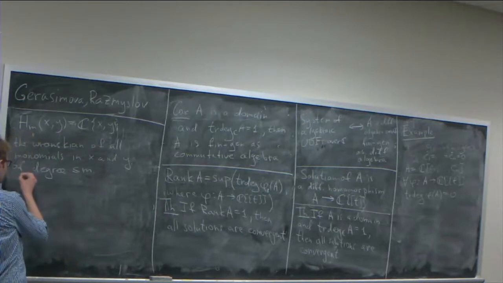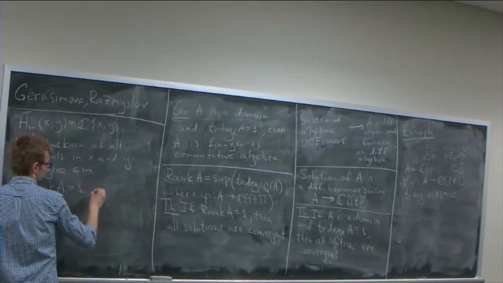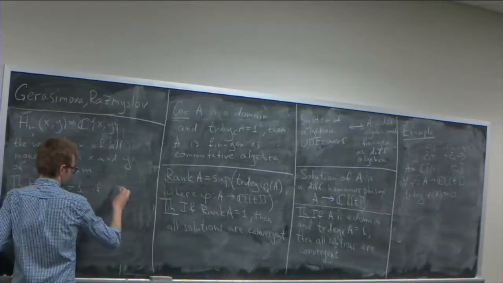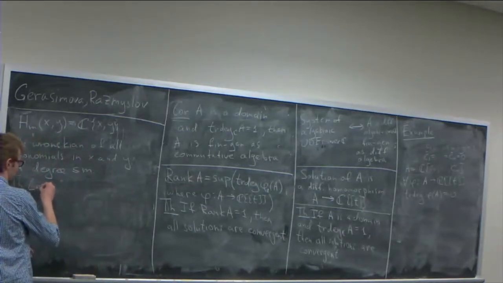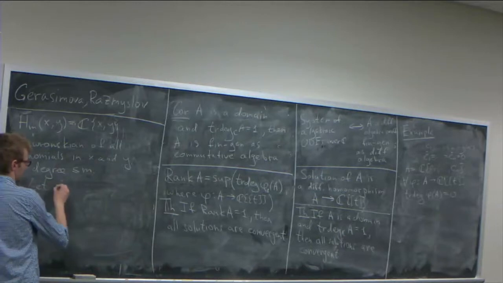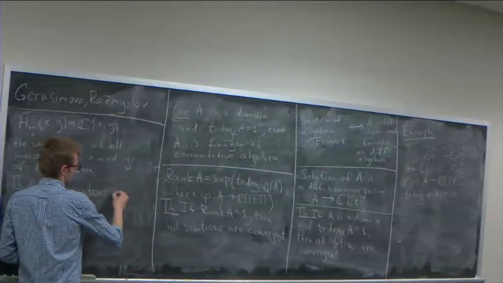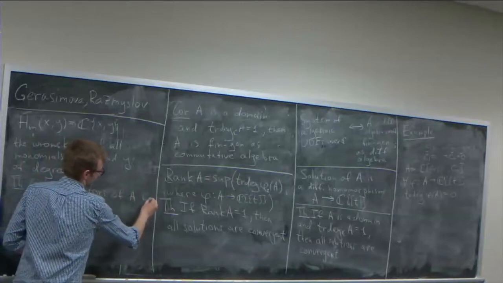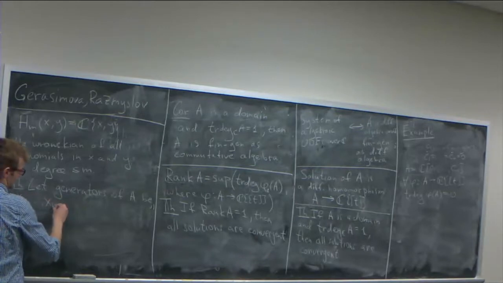So let's call it also a theorem. Rank A is less than or equal to 1 if, let's first name the generators of A. Let the generators of A be x_1, ..., x_n.